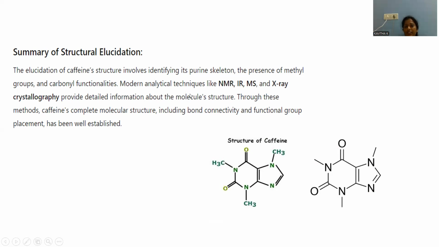Modern analytical techniques we went through: NMR, nuclear magnetic resonance spectroscopy, IR, infrared spectroscopy, MS, mass spectroscopy, and X-ray diffraction crystallography provide detailed information about the molecular structure. Through these methods, caffeine's complete molecular structure, including bond connectivity and functional group placement, has been well established.